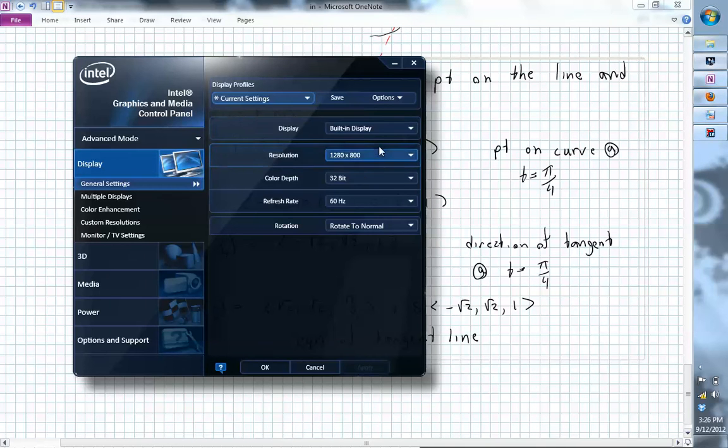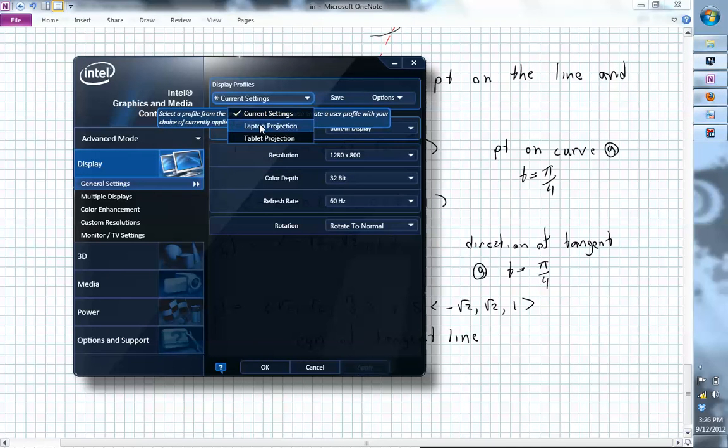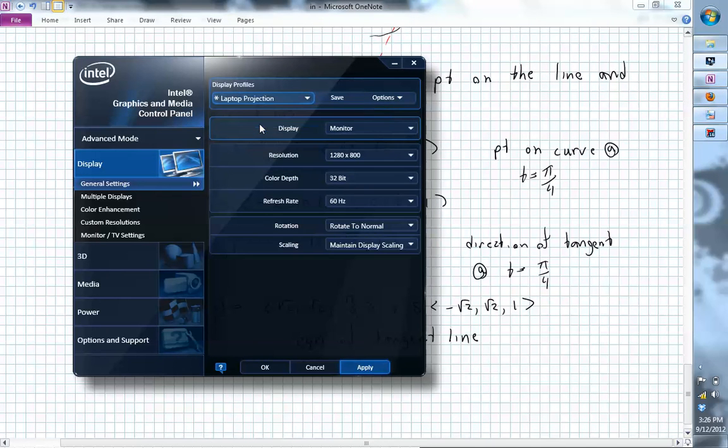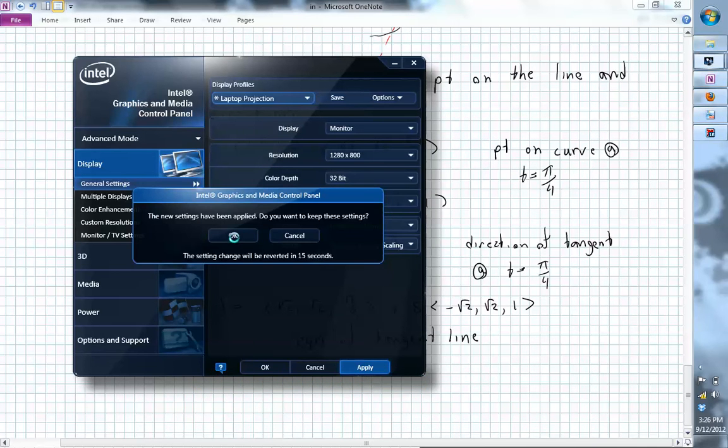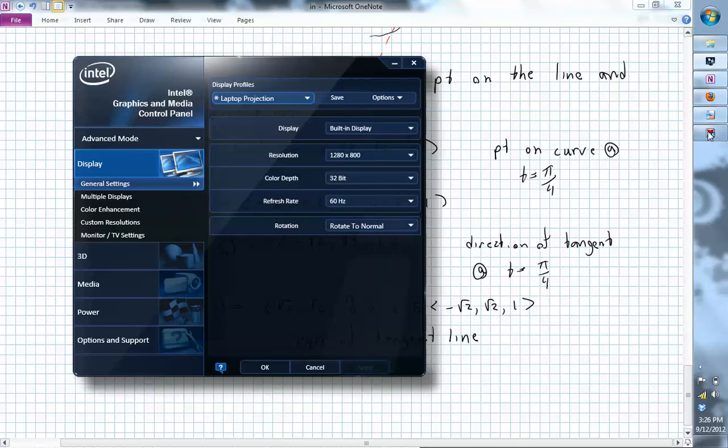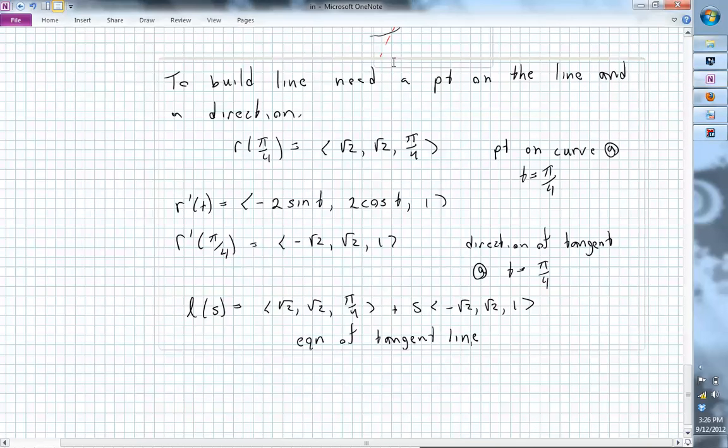So let me switch back to the other display mode, and I'll see if I remember that.